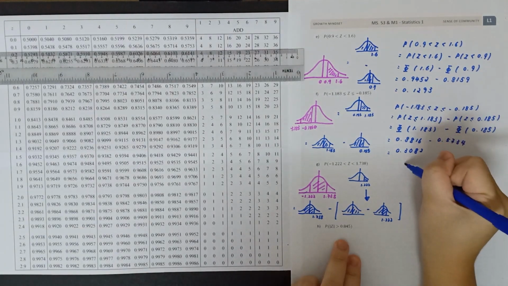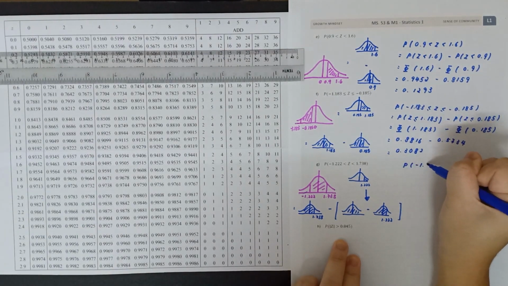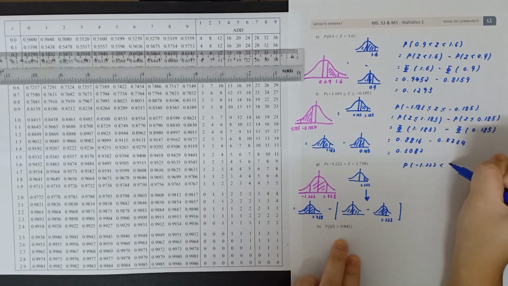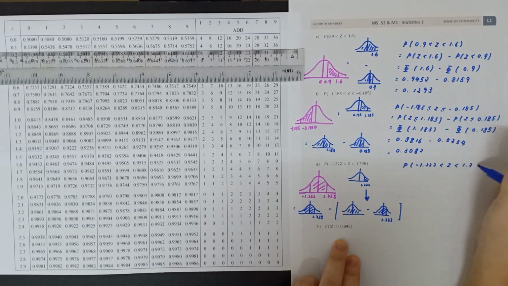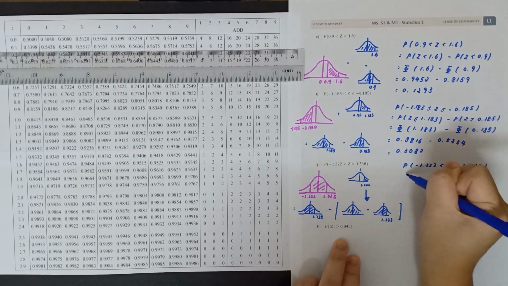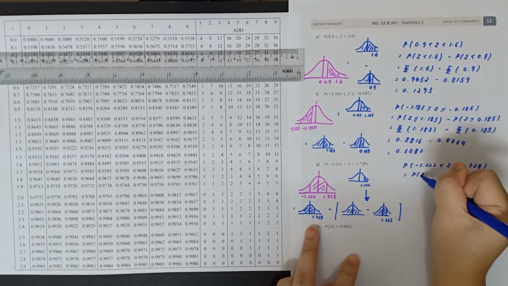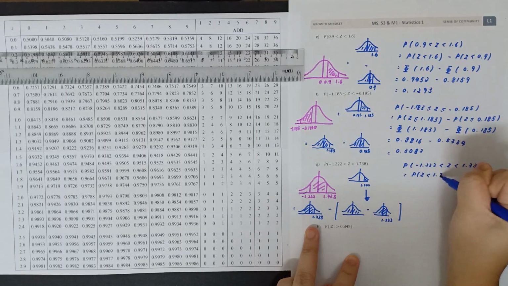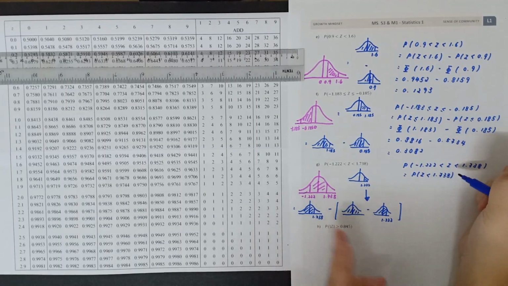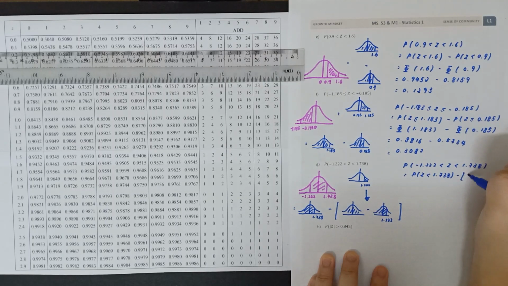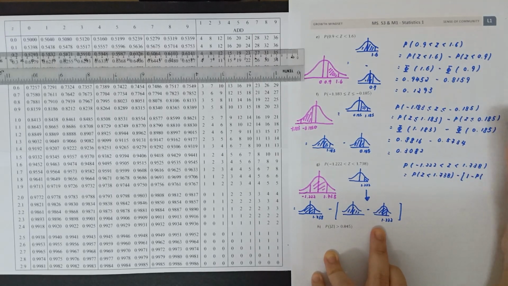Then I'm going to use that to minus. So what I'm going to do is the probability for negative 1.222 < Z < 1.738 is going to be equal to, then I use this one, probability Z smaller than 1.738. Okay, then I minus 1 minus the probability for Z lesser than 1.222.